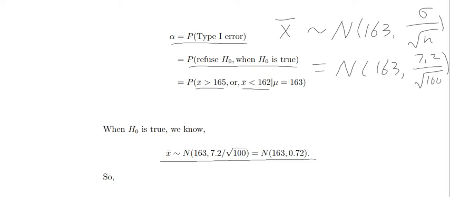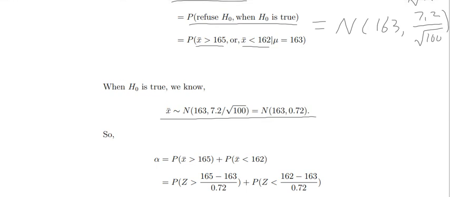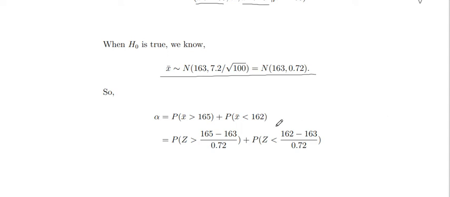Okay, so now the problem becomes: x bar follows this normal, and we need to find the probability that x bar is larger than 165 or x bar is less than 162. So we have two parts, right? So this is the probability plus this probability. Then for each probability we just change to standard normal: minus mu divided by sigma.